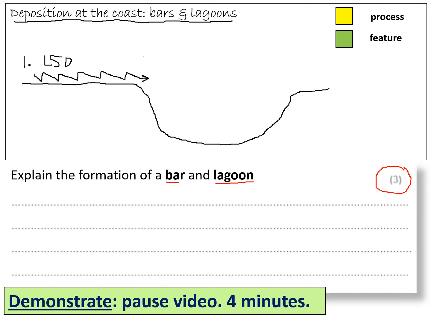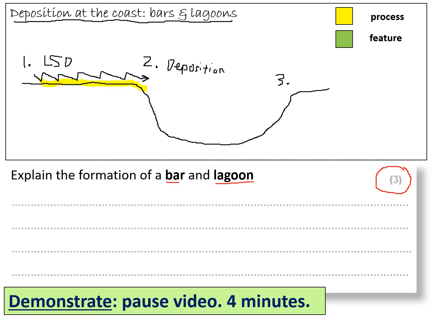The second point is the coastline changes direction, and when the coastline changes direction, we have deposition. And we're going to draw that in there in a second, just like we have the formation of a spit. But point 3 is the formation of the bar and the lagoon.